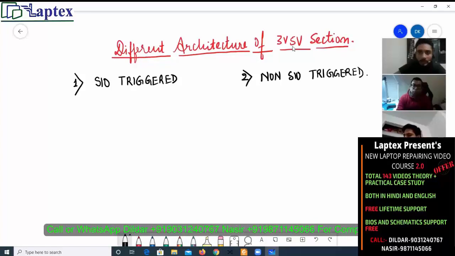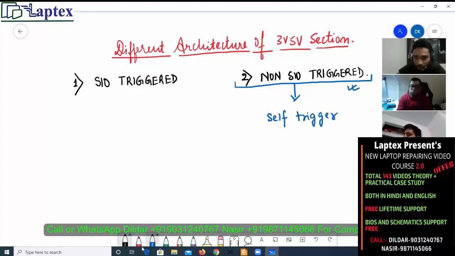In this, the non-SIO triggered will be a single category. This will contain the self trigger 3 volt, 5 volt section.